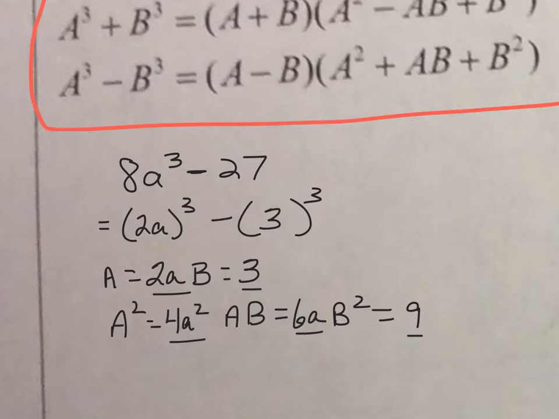And now all I want to do is take those and put them into this second formula over here, because that's the one for minus. So here's my answer. A minus b is now 2a minus 3. A squared plus ab plus b squared is now 4a squared plus 6a plus 9.